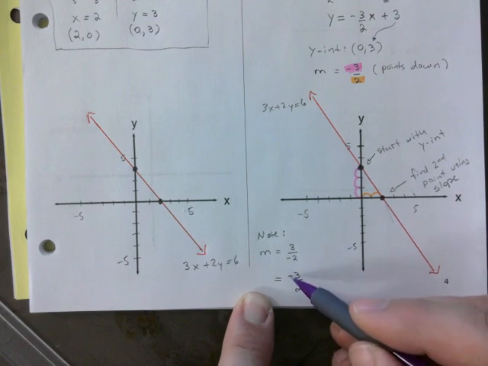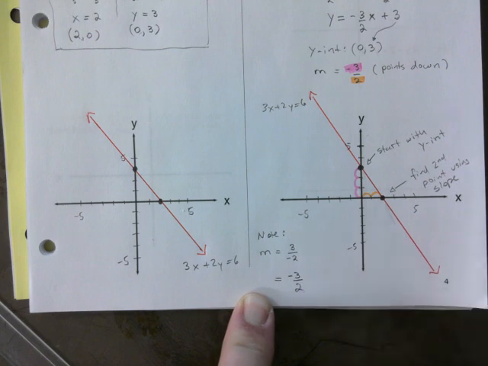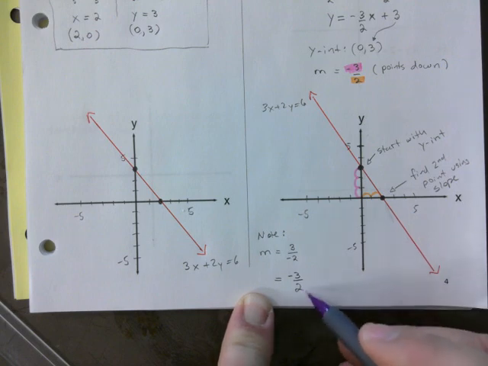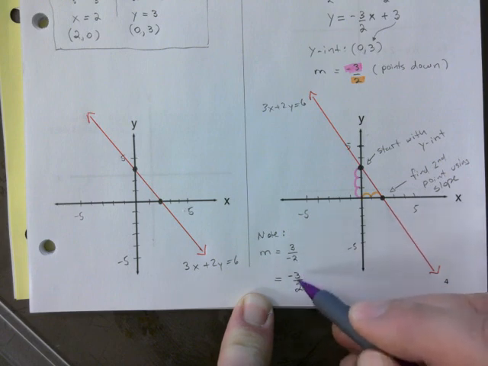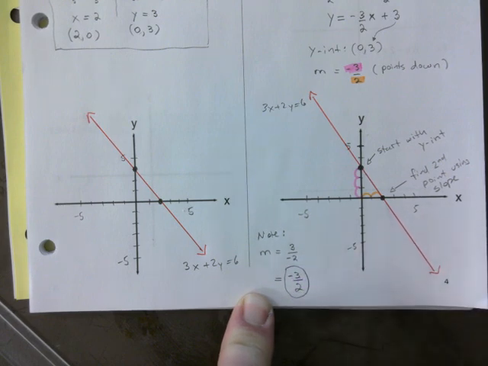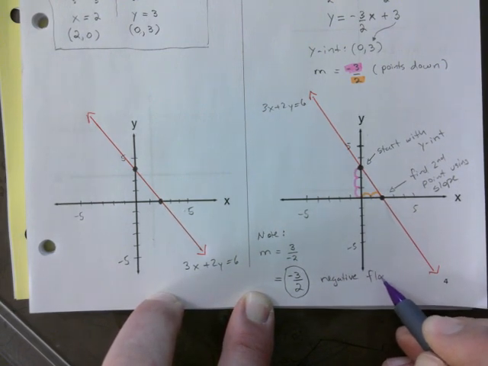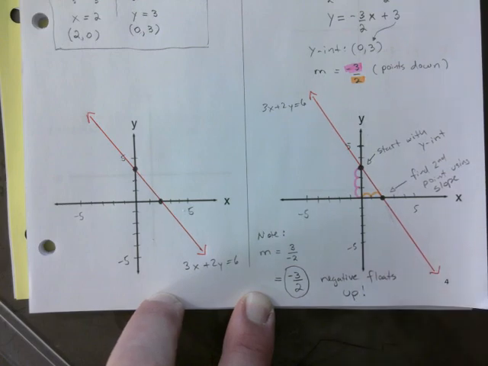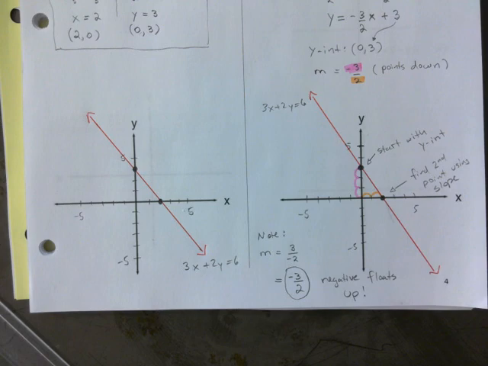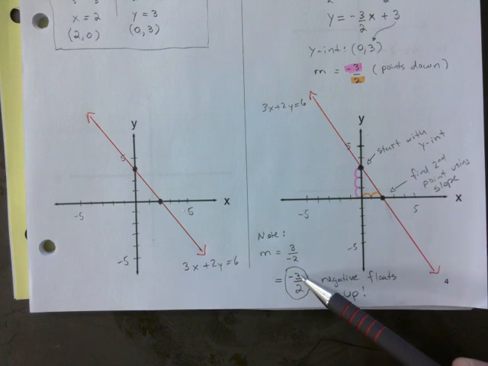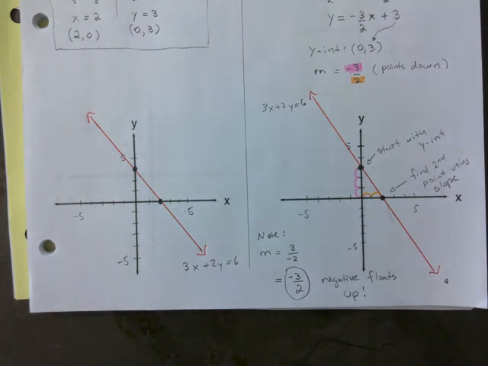That way you only have to worry about is the 3 going up or down, but you're always running to the right when it comes to your horizontal displacement. So I would say stick with this one. Okay, negative floats up. Okay, so you're always running to the right. It's just a matter am I dropping or am I going up as I'm moving to the right? So that way you're not having to worry about that. Okay.